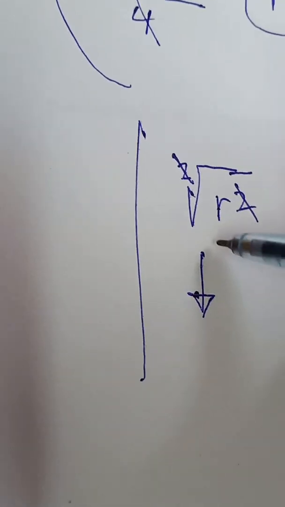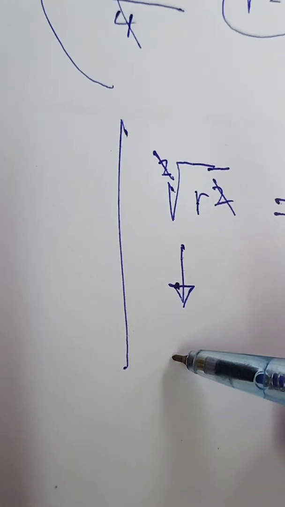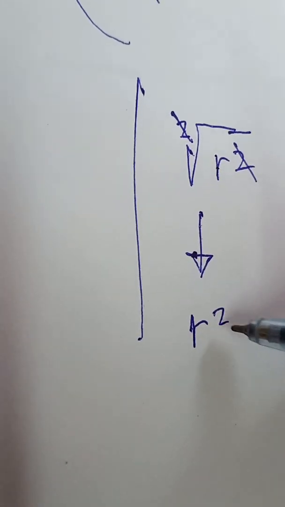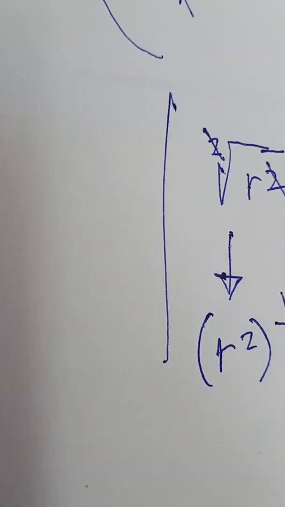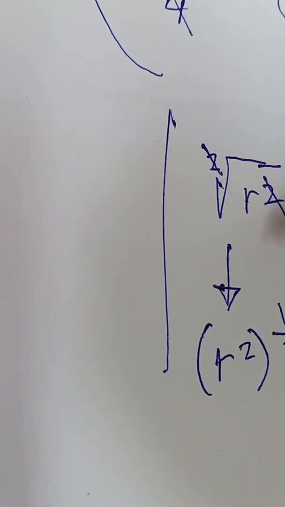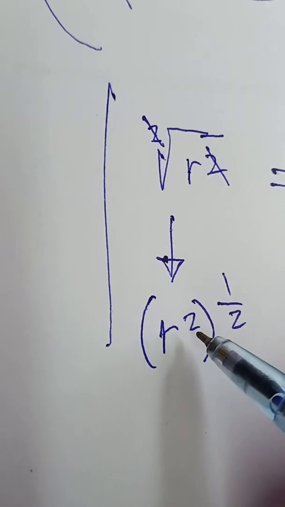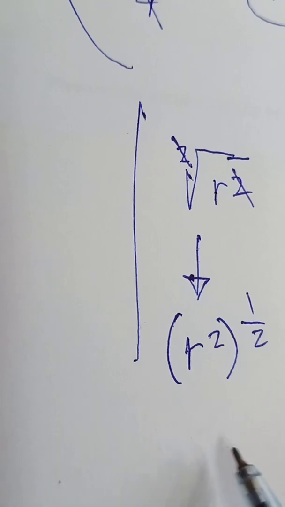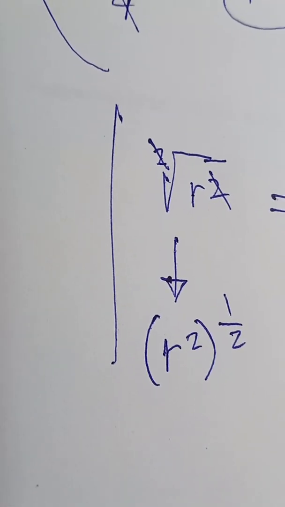If we rewrite that radical expression, okay, that's also the same of writing R squared raised to 1/2. Okay, yung square root of r squared can be rewritten as R squared raised to 1/2. And remember class, yung ganyang expression, tinatawag yan na exponential form.